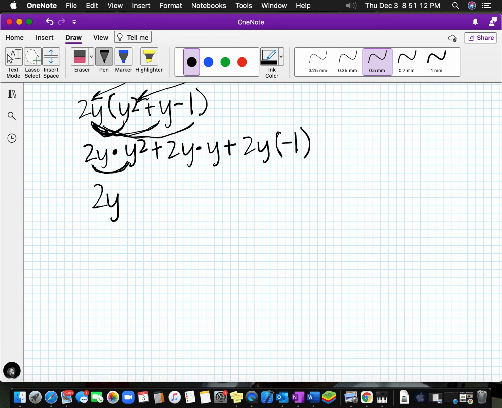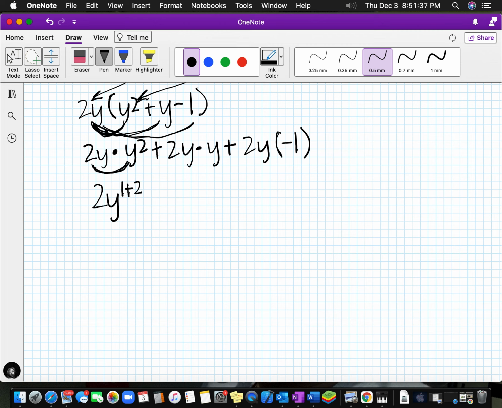In this case, a single y, which we all know just means y to the 1, and the other y has to the second power. When it is in a multiplication form like that, the exponents just add to each other. So we're going to write 2y to the first plus second power.